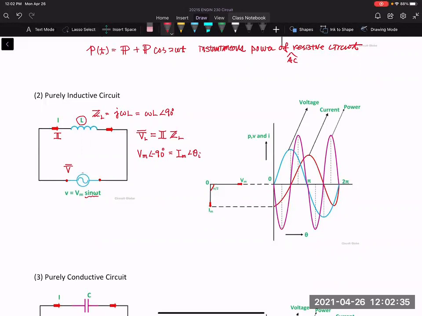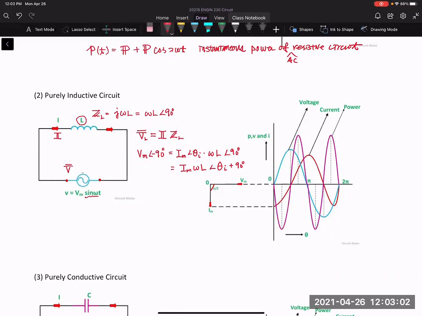And what is the Z sub L? Well, the Z sub L is omega L with a 90 degree angle here. And on the right-hand side, I can combine these. There will be I sub m omega L with an angle theta I plus 90 degrees.